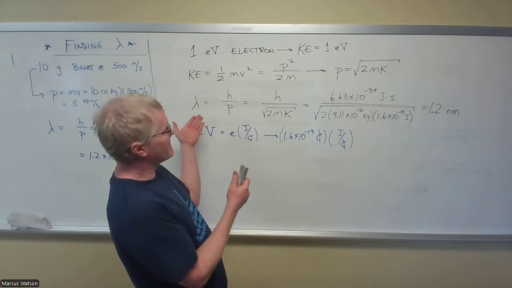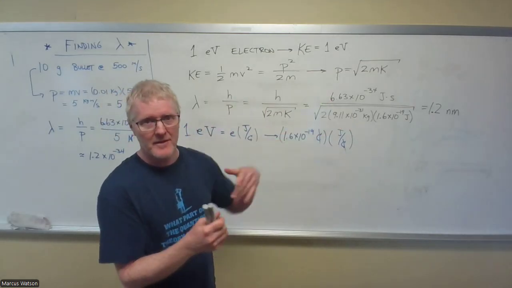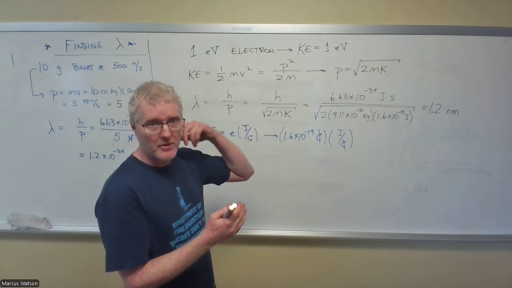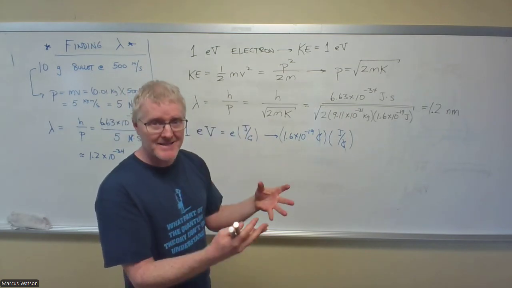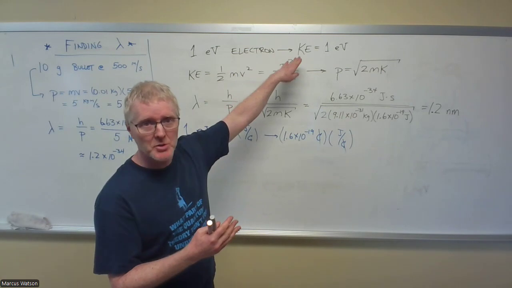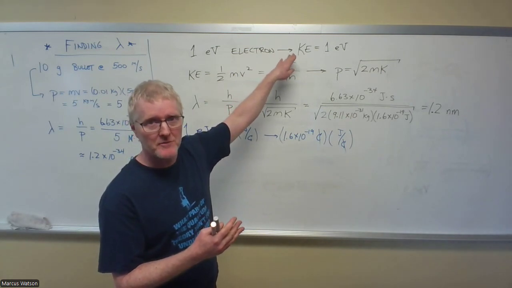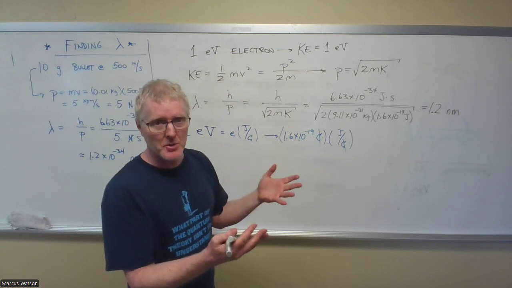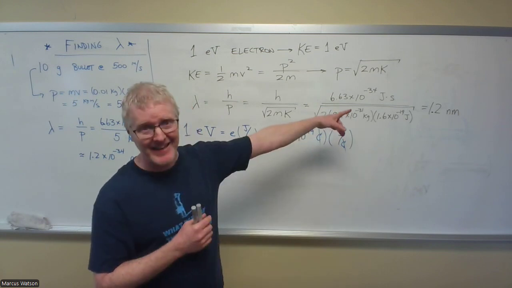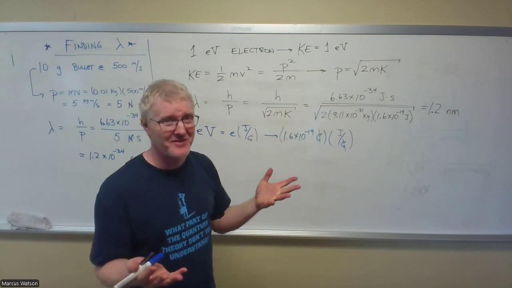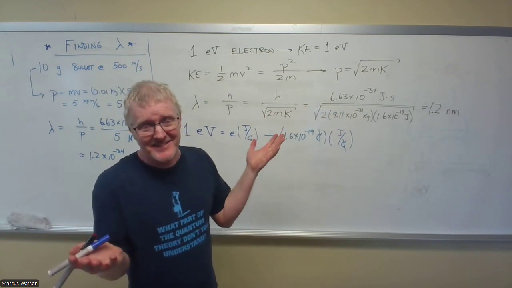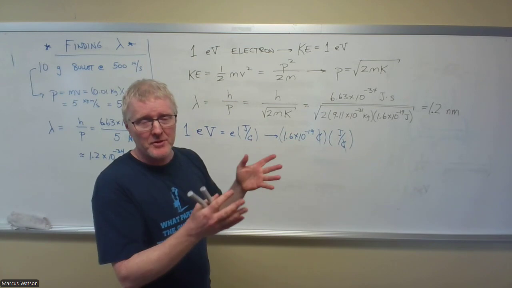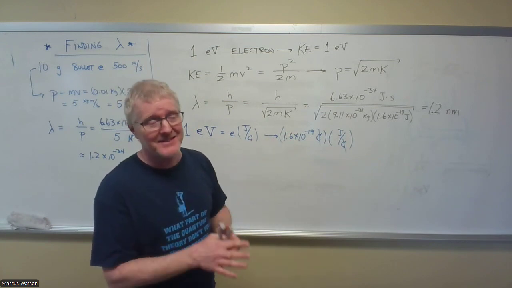Well, if I have that wavelength for this particle, then I can test to see if I do actually give a kinetic energy of 1 electron volt to an electron, and I put it through a diffraction grating, does it act like it has that wavelength? And the answer is, yeah, it kind of does. What if I put it through a double slit? Yeah, it does.